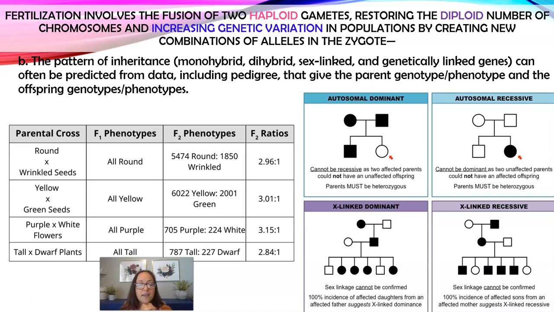Versus a 1-to-1 ratio, for example, would tell you that one parent's heterozygous and one parent's homozygous recessive. So you want to be familiar with reading ratios and then making inferences from that to know what the parents' genotypes were.